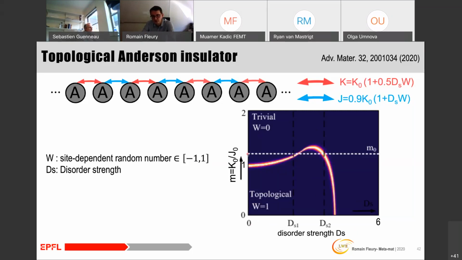There is no topological invariant that is non-zero. If you increase the disorder, you follow this path, and it turns out, and we have shown this in this paper, that if you increase the disorder sufficiently, you are going to cross a transition where you enter a new phase that is a topological phase for some level of disorder, and regardless of this random number, site dependent, you have a range of disorder in which you will have edge modes that you can use.